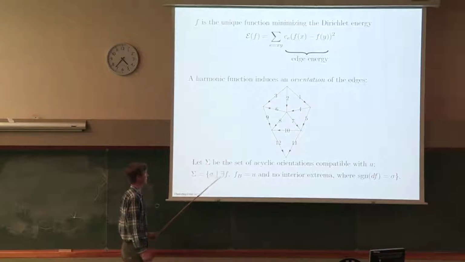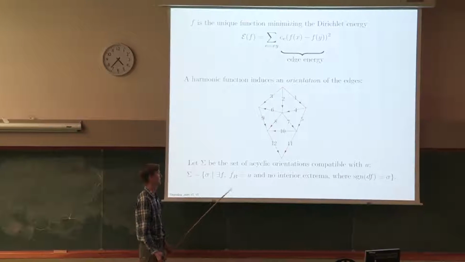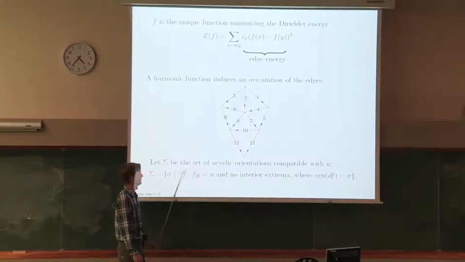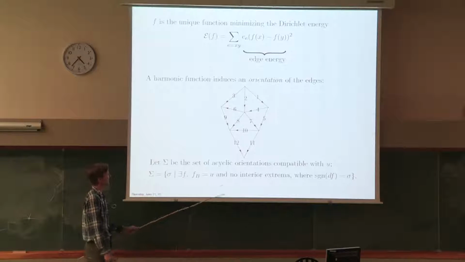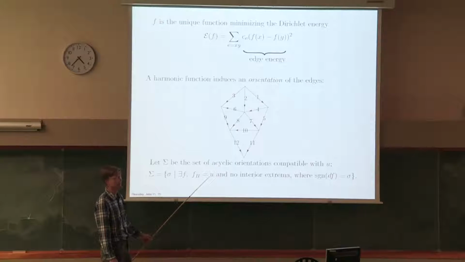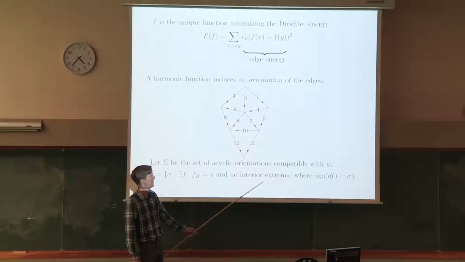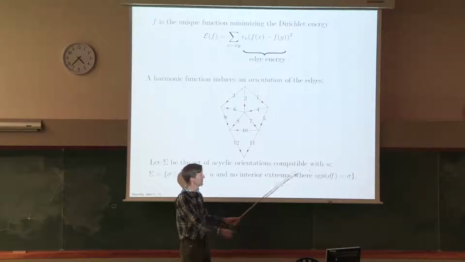But more generally, the orientations which arise in this context can be defined as follows: you look at all functions which take the correct boundary values and have no interior extrema, and then you look at the associated orientation defined by that function.